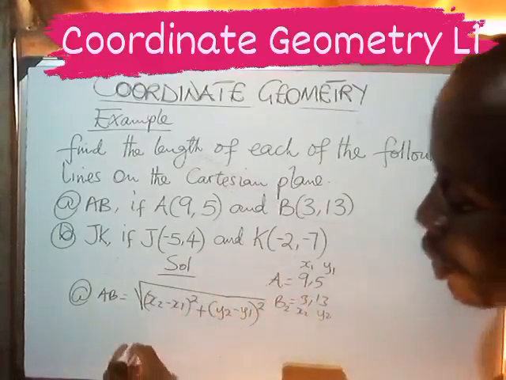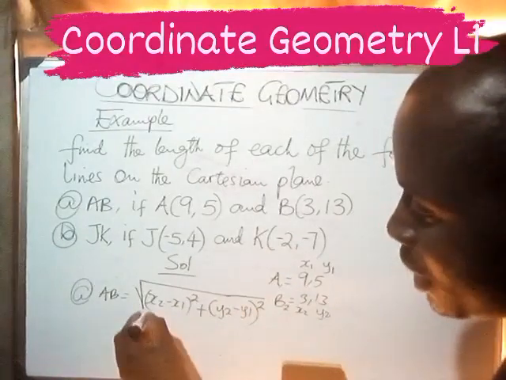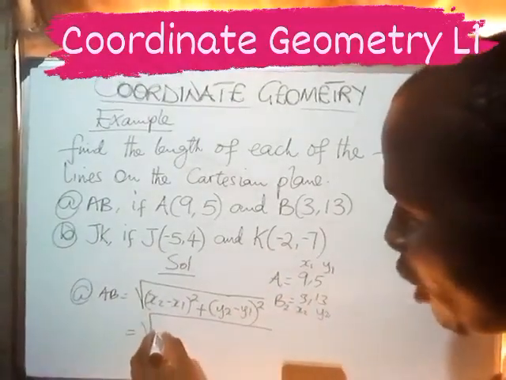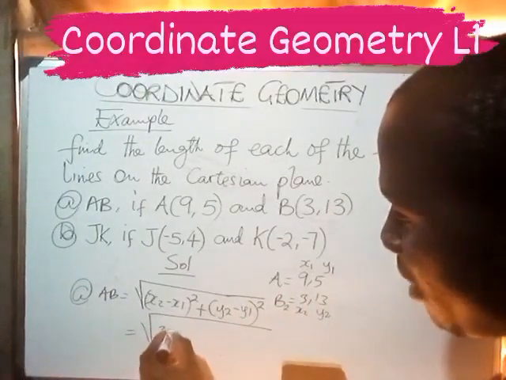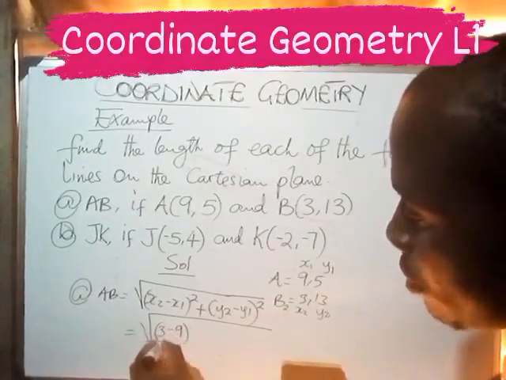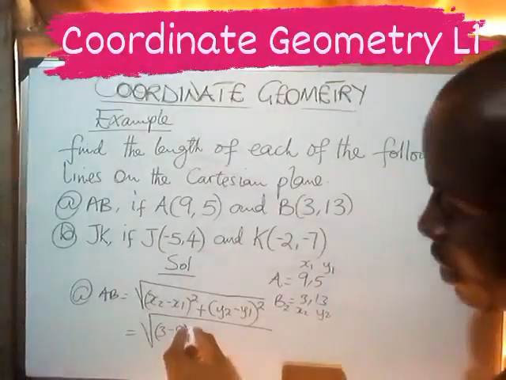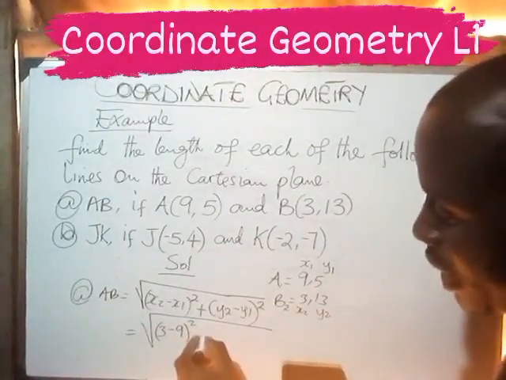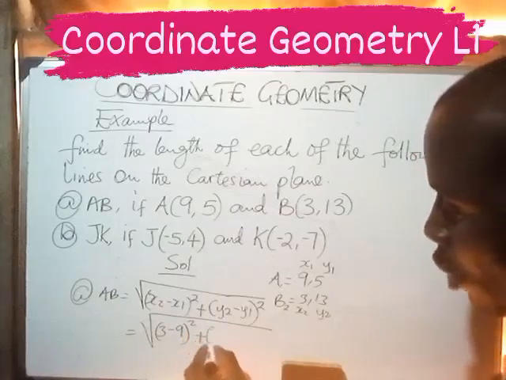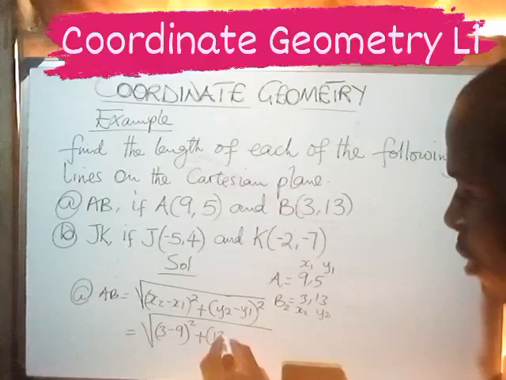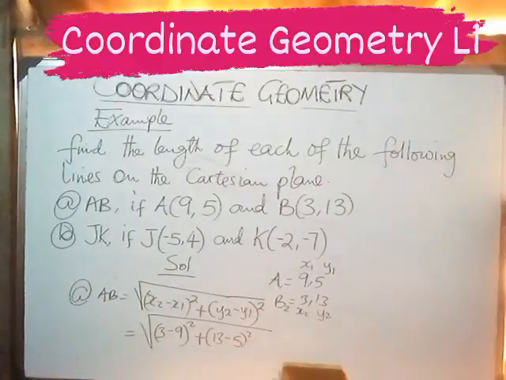So now we substitute. We replace where there is x2, we put what we have there. So we are going to have 3 minus 9, because the x2 is 3, the x1 is 9. Whatever we get, we square it, then we say plus, open bracket, our y2, we have 13, then minus 5, whatever we get, we square.